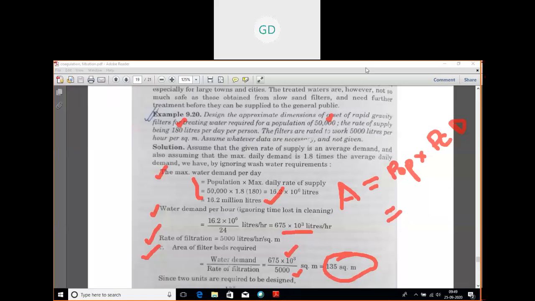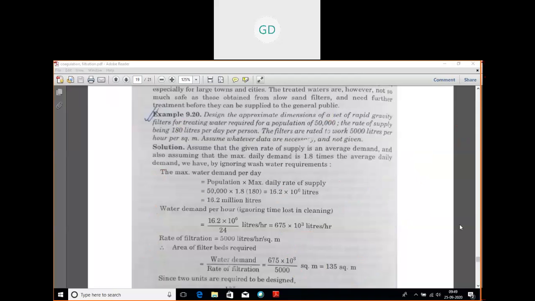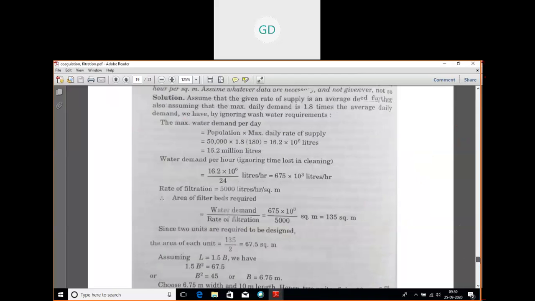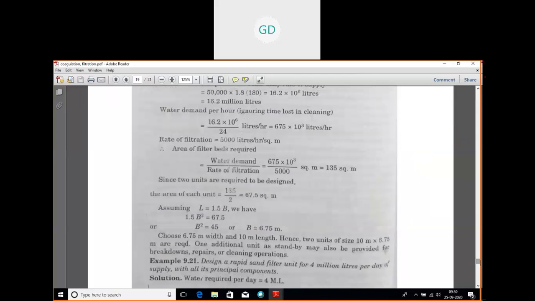Since in the question it is given to design a set of rapid gravity filters, as I said, that means a set is given. That means you need to divide it by 2 to find the area for each unit. In your slow sand filter question, it was mentioned that there are 6 units, but here it is not mentioned that there are 6 units or 5 units.